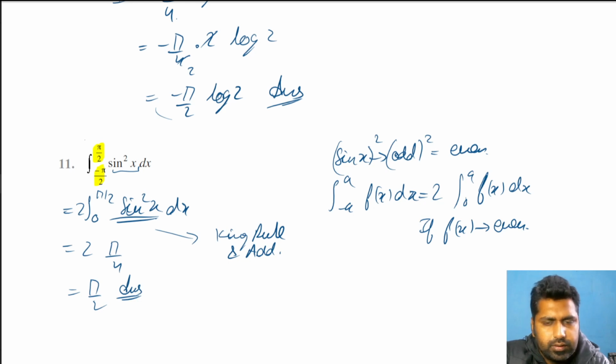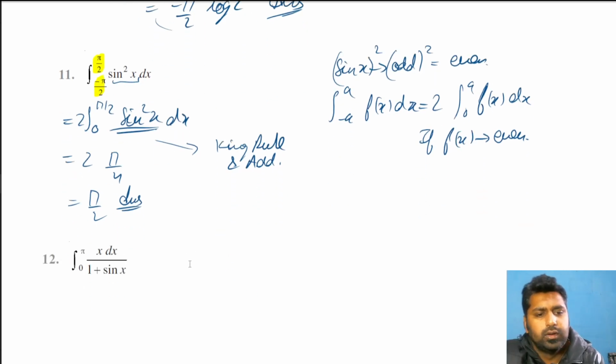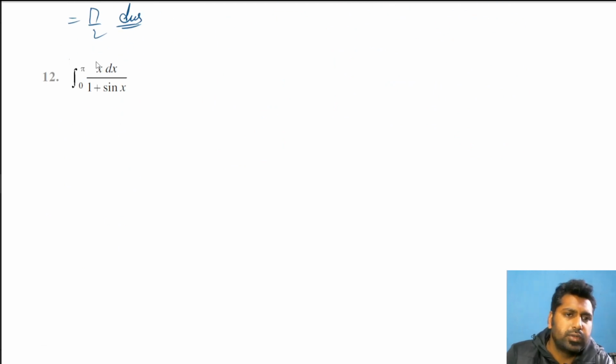All right. Next question. Integration 0 to pi x dx upon 1 plus sin x. Okay. So integration 0 to pi. Not odd even, nothing is there.